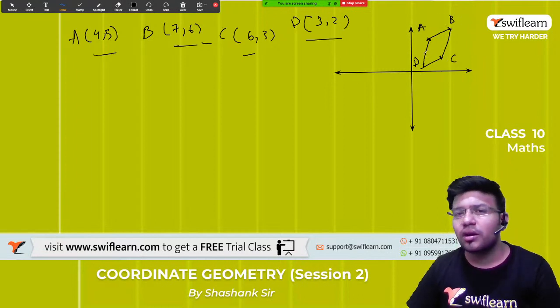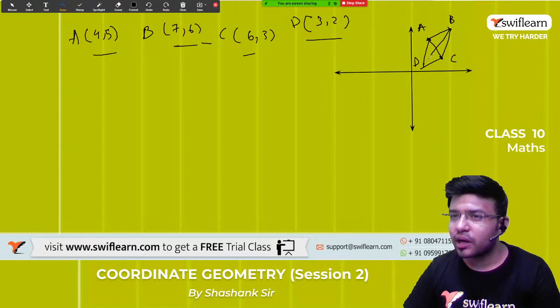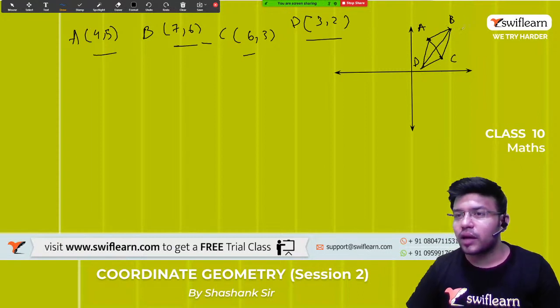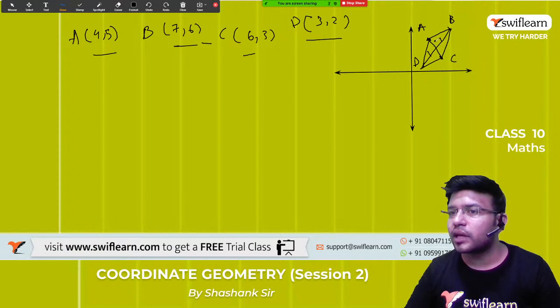Now what do we need to do to prove this? For a parallelogram, the diagonals bisect each other. This and this will be in the ratio 1:1, and this and this also will be in the ratio 1:1.